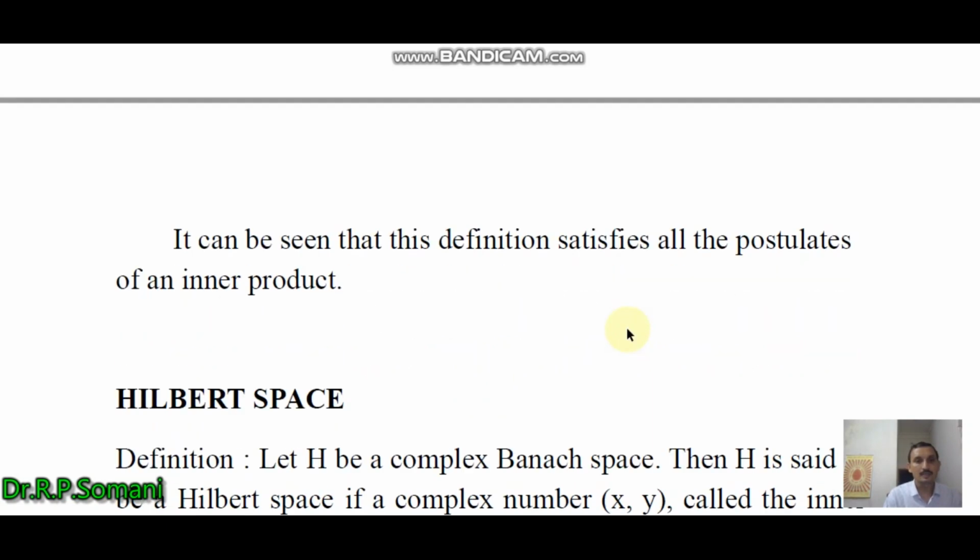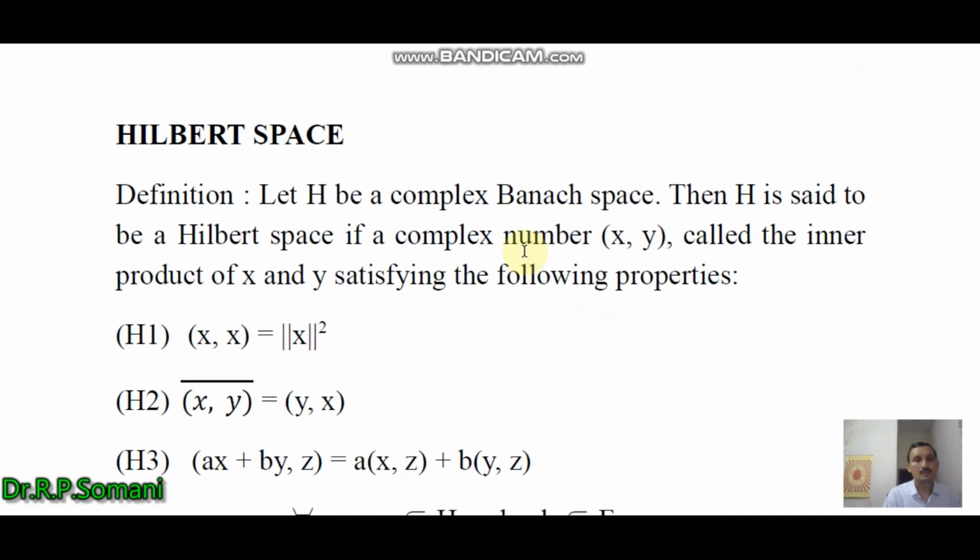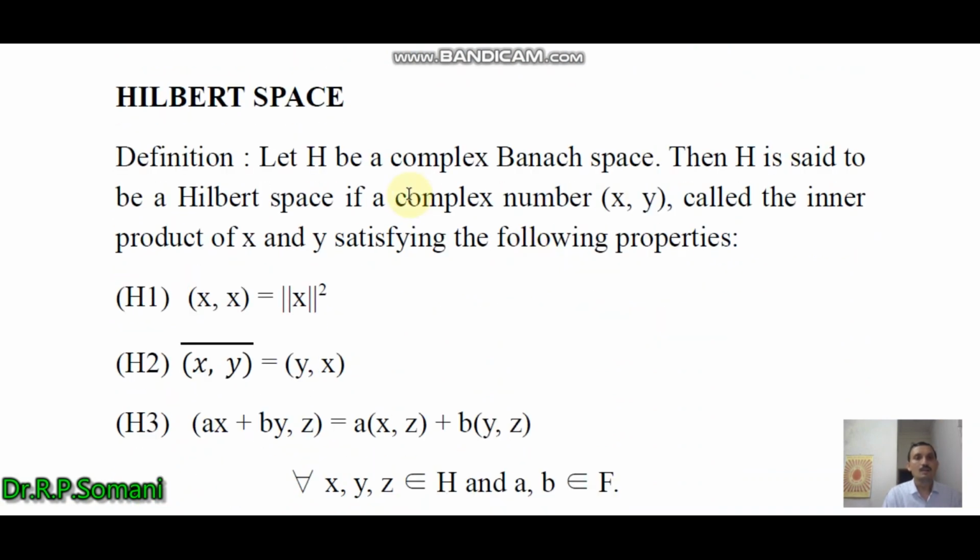Now we define Hilbert space. The definition of Hilbert space is: let H be a complex Banach space. Then H is said to be a Hilbert space if a complex number (x, y), called the inner product of x and y, satisfies the following properties.